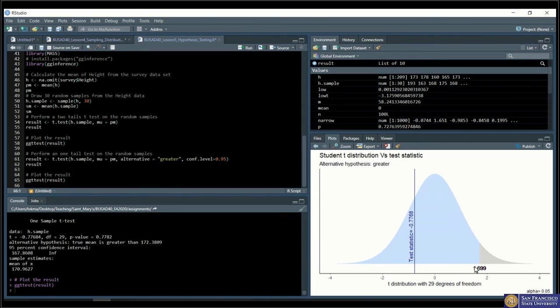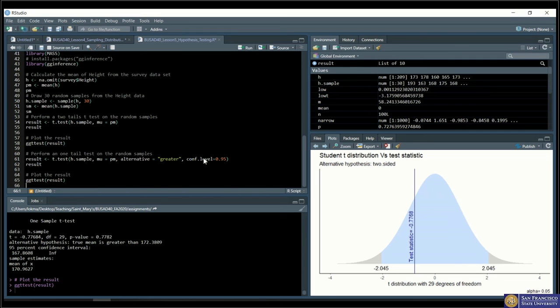However, if we only put 5% in one tail, the density on the right tail will be larger. That means the location that describes that probability on the right tail will be closer to the center of the distribution. In this case the location will be 1.699, compared to a 5% two-tail test, where each location will be 2.045.